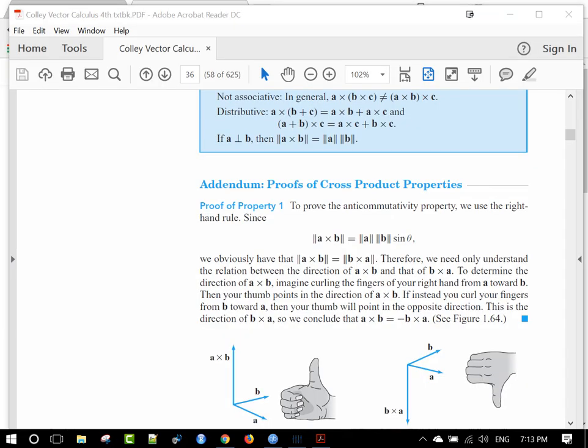So now we just have to show that the directions are opposite.